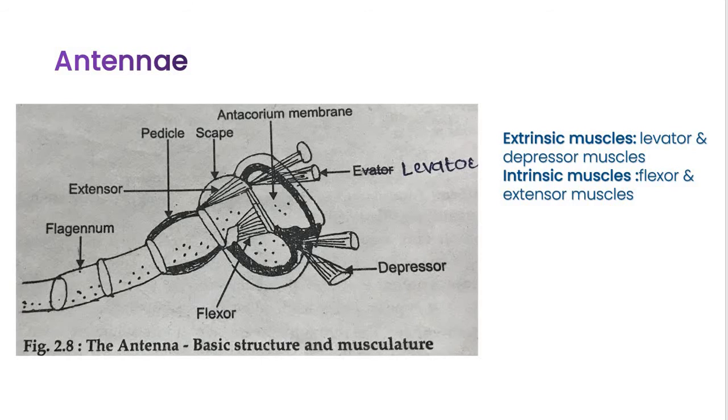The base is provided with muscles. Immediately the first segment of the antenna, that is the scape, is also provided with muscles. Then here you can see the pedicel, and from the pedicel onward the segments of the flagellum come out.